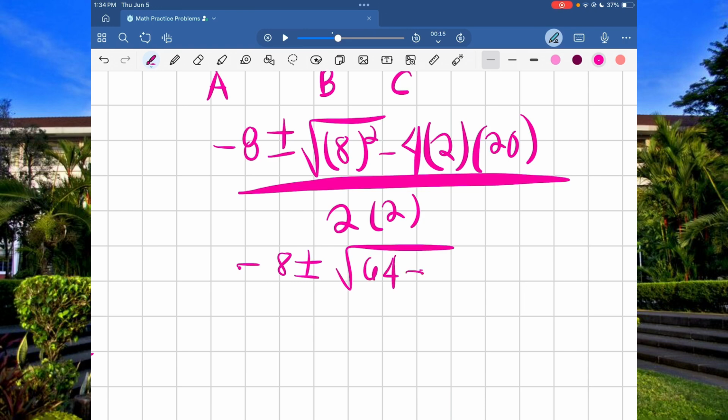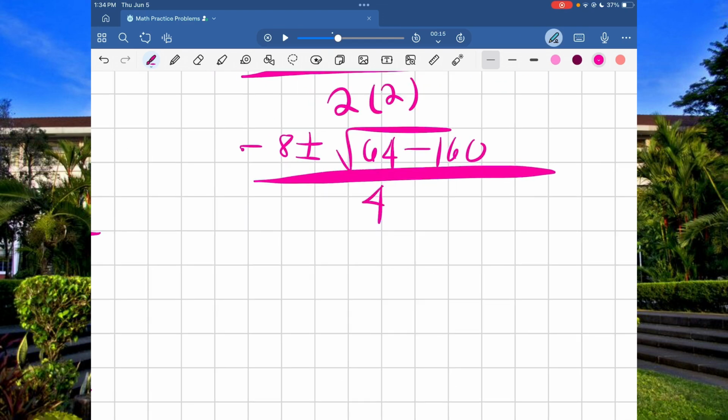Square root of 8 squared, 64, minus 4 times 2 is 8, 8 times 20 is 160. 2 times 2 is 4. So this would be negative 8 plus or minus square root of 64 minus 160.